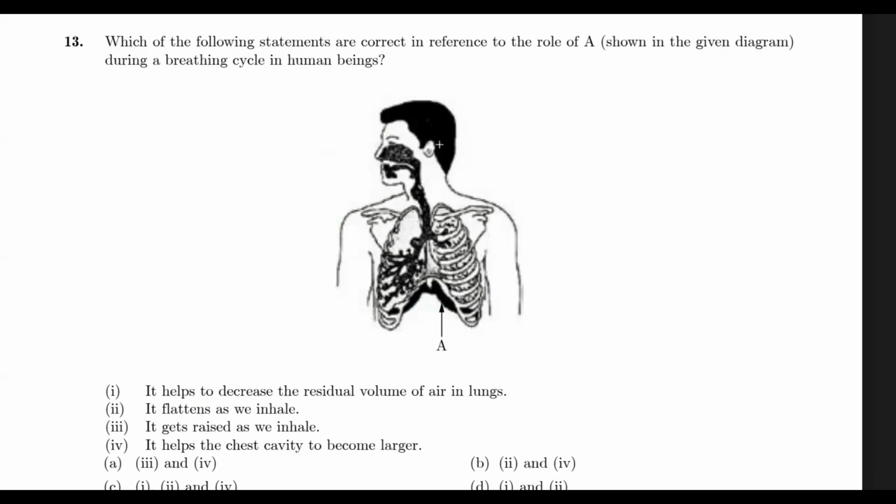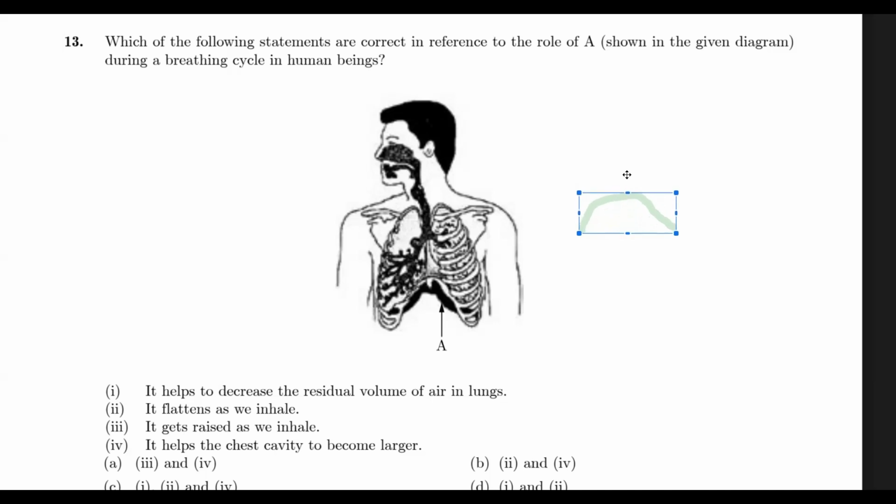One, it is cone shaped, you may say dome shaped also, and other times it is flattened, right? So what happens when we inhale? When we inhale, the diaphragm becomes flattened. The chest cavity size increases, because of which air is inhaled because of the low pressure inside the thoracic cavity. Air comes in.